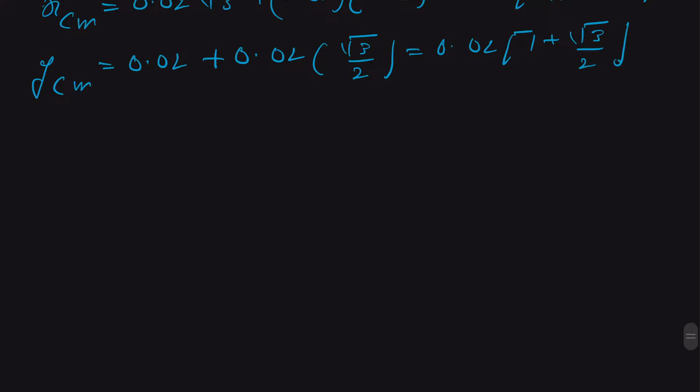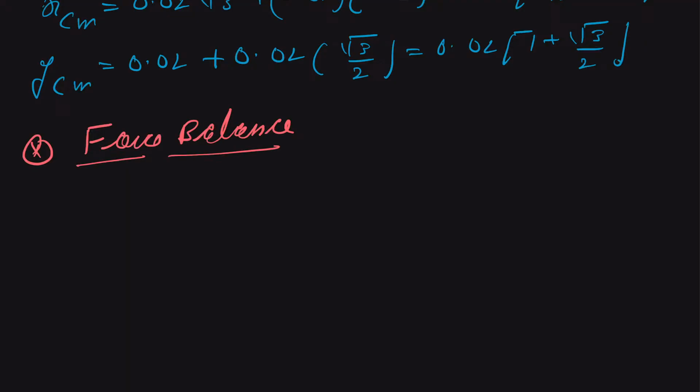Now we are going to do our force balance and torque balance, because the entire system is in equilibrium. So let us solve the force balance. We have two normal forces, front let us call NF, and the rear NR, acting perpendicular to the slope.